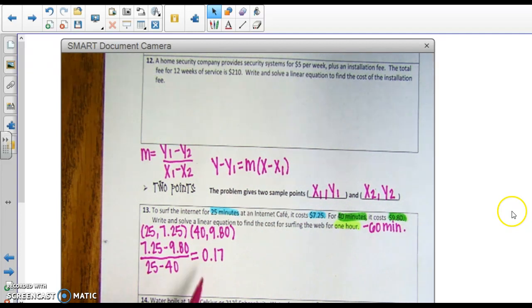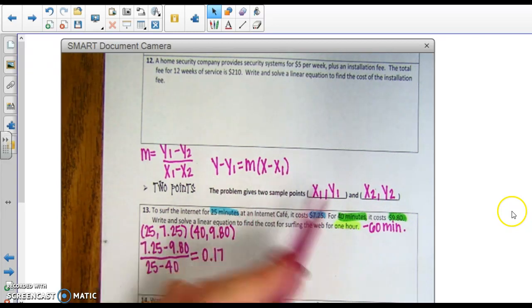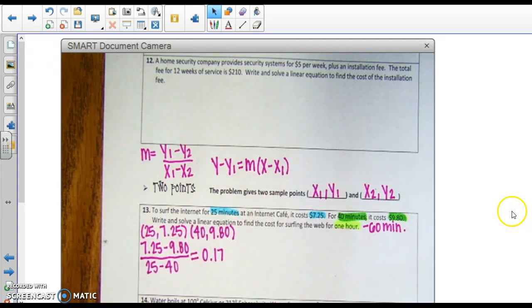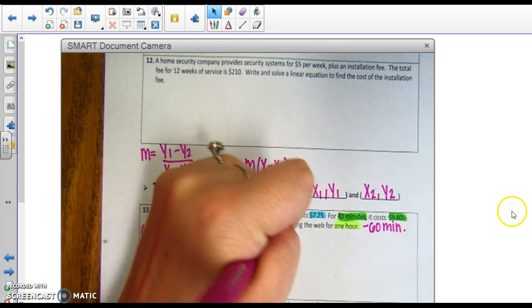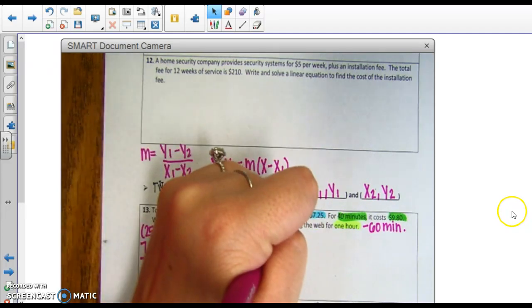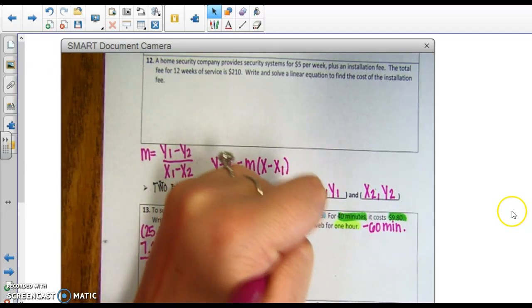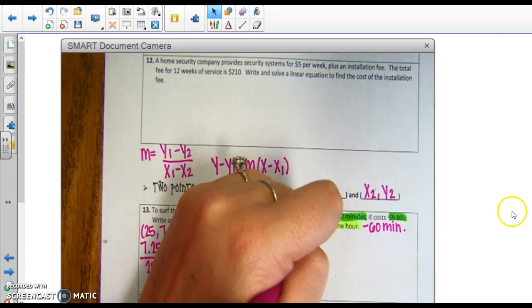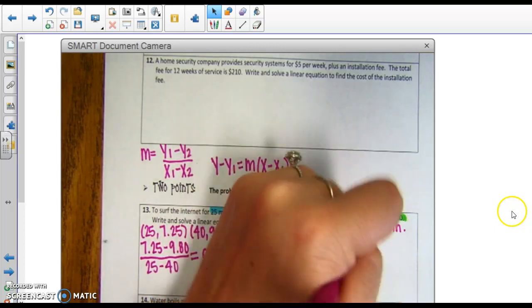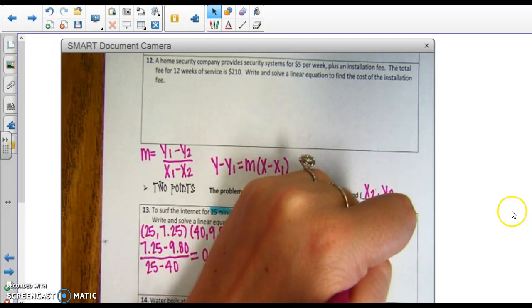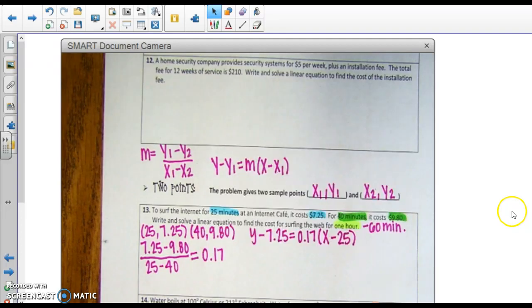So then I now have my slope, so I'm just going to plug it into my point slope formula with one of these points. So I will just go ahead and use the first one that we have. So we're going to have y minus 7.25 equals 0.17 times x minus 25.